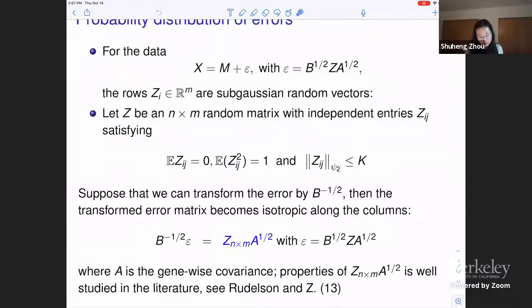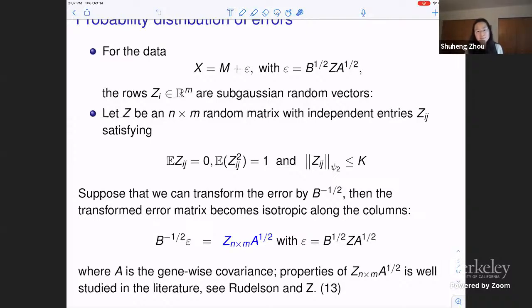Suppose we transform the error by B^(-1/2), and then we have this new error matrix, which is Z times A^(1/2). This is something we feel more comfortable dealing with in statistics, because in the statistics literature we routinely say we have an i.i.d. sample, where i.i.d. means independent, identically distributed.